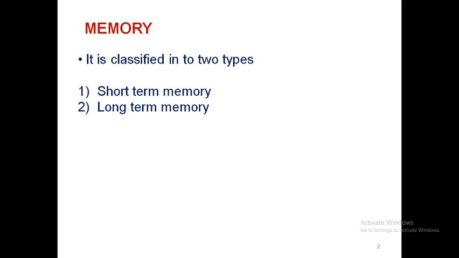So depending on how we are taking the things, the patterns, into our brain, the corresponding patterns or activities will be stored either into the short-term memory or into the long-term memory. So that association is very, very important.